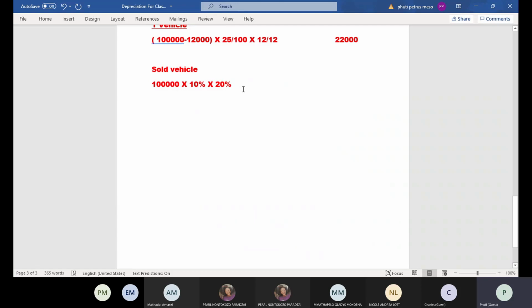Let me quickly get you to the figure. We know 10% of 100,000 rand is 10,000. So you simply say 10,000, you multiply that by 20, and you divide it by 100. So your accumulated depreciation is equal to 2,000 rand for the sold vehicle.